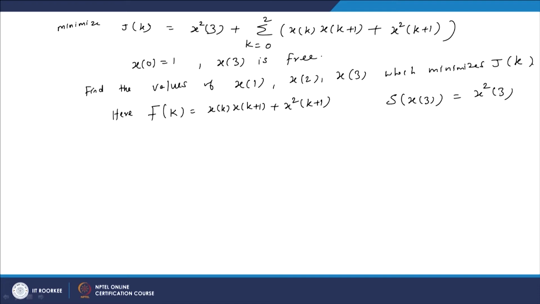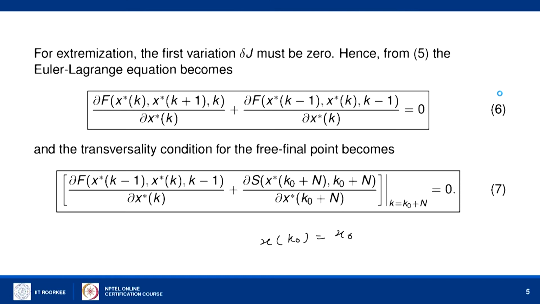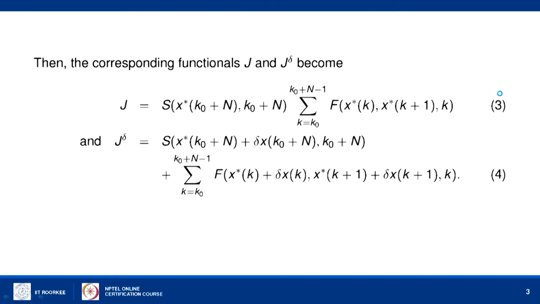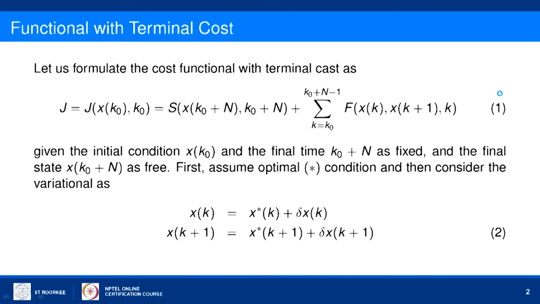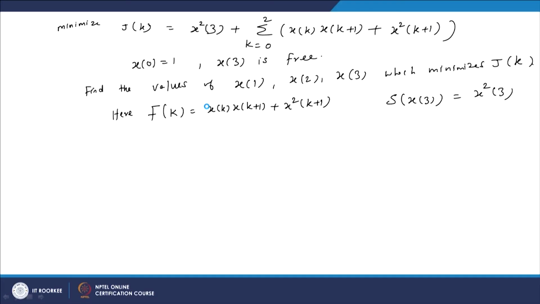So, if you compare with the expression in the previous J, we want to minimize J in this. So, S is a function of the final position and final time. In that particular example it is x square of 3 where 3 is k0 plus n. So, in that problem k0 is 0 and capital N is 3. So, we have the function S to be x square of 3.